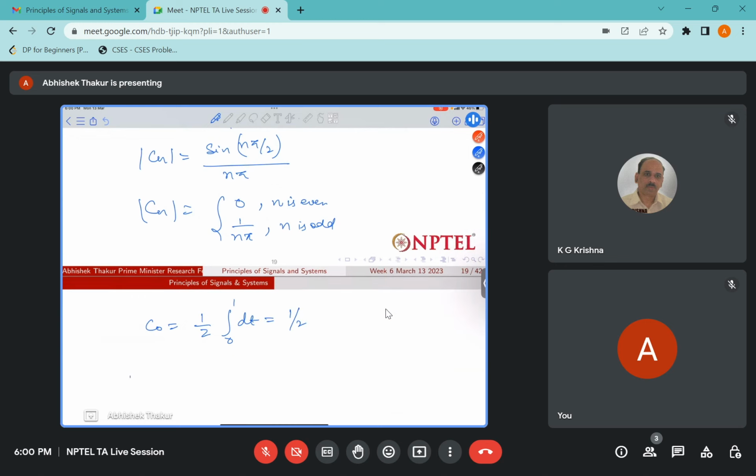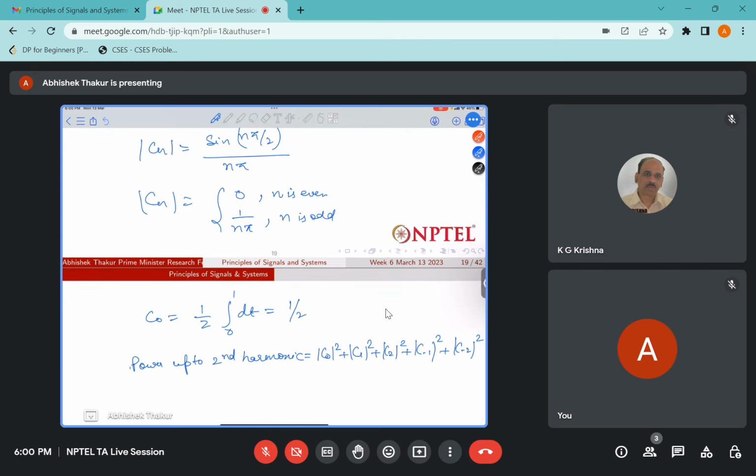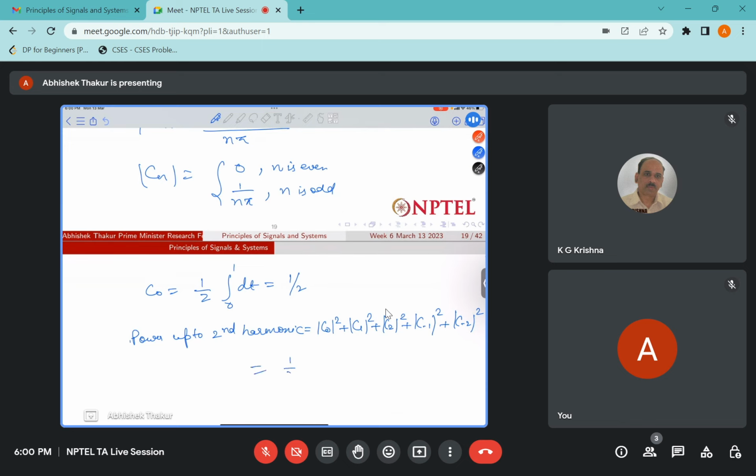So we have to find the power up to second harmonic. That is equal to mod of C naught squared plus C1 squared plus C2 squared plus C of minus 1 squared plus C of minus 2 squared. So C naught squared will be half squared, and when n is odd it is 1 by n pi, so it will be 1 by pi squared, and for n equal to minus 1 it will be minus 1 by pi squared, and for n even it will be 0 plus 0.